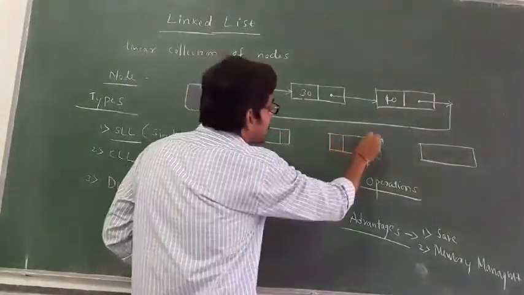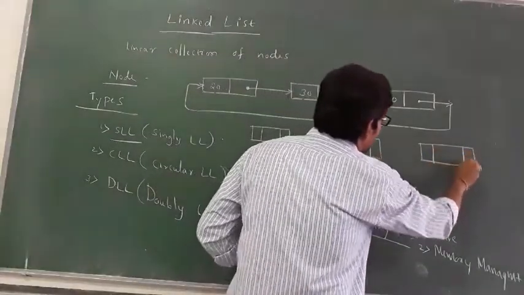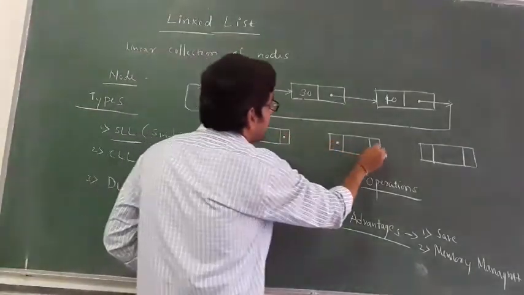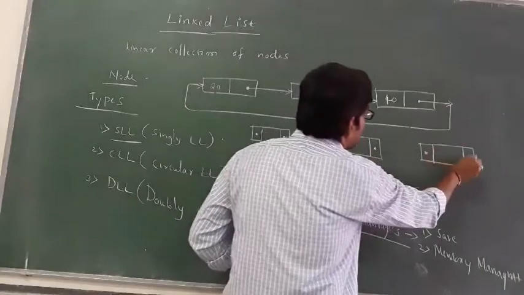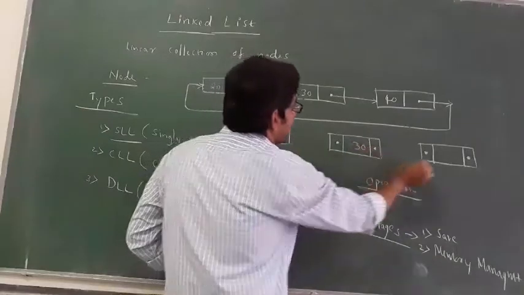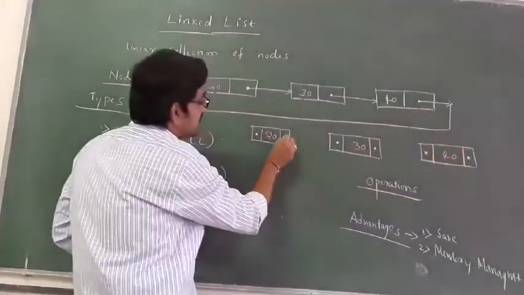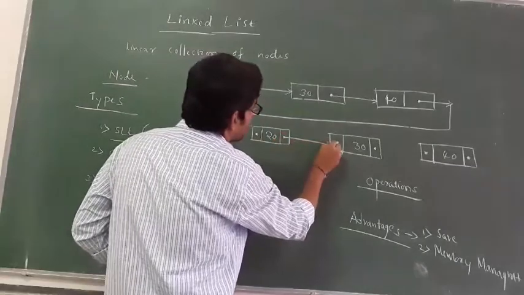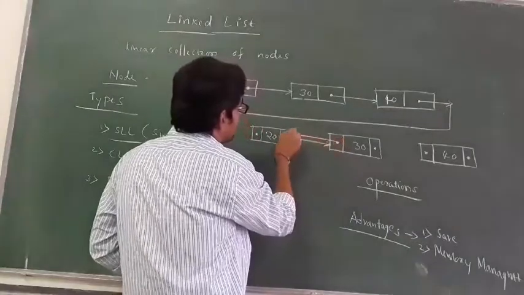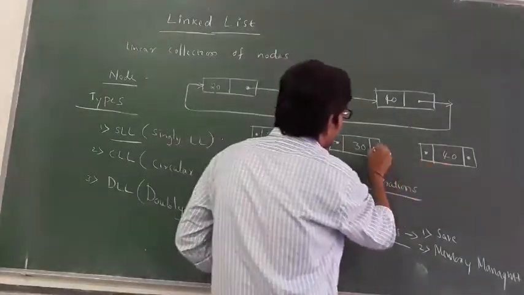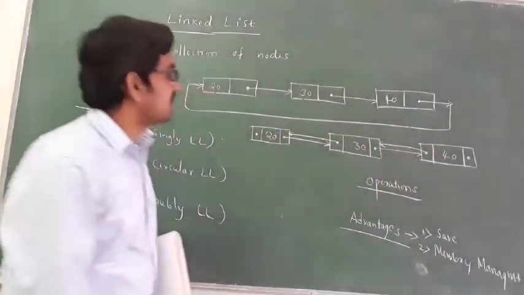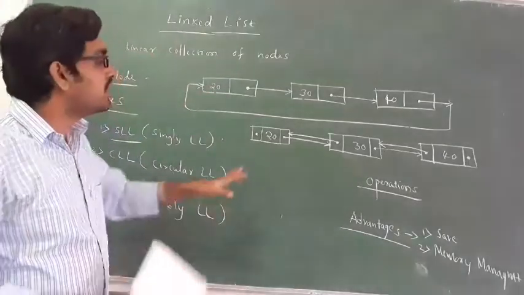Always it has two link fields. See, I'm writing 20, 30, 40. Now this is nothing but a doubly linked list.